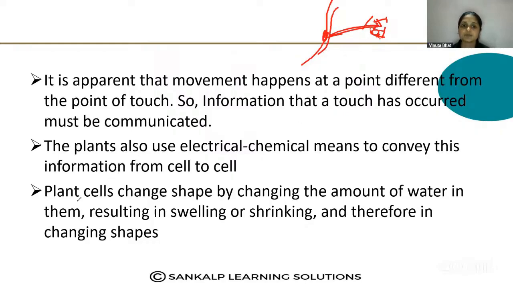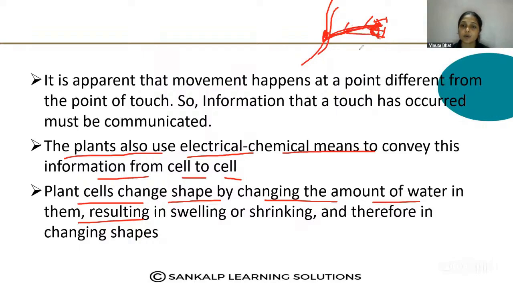So here the plants also use electrical-chemical means to convey this information from cell to cell. Plant cells change shape by changing the amount of water in them. When the chemical impulses move to the cells of the leaves, the plant changes the water content present in them, resulting in swelling or shrinking, and therefore changing the shapes.